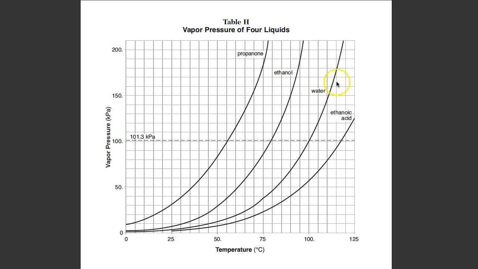So ethanoic acid and ethanol, actually these three all H bond with themselves, but water has stronger overall intermolecular forces of attraction than propanol or ethanol, and therefore it evaporates slower, and therefore it takes more heat to overcome those stronger intermolecular forces of attraction. Really important that you see that.